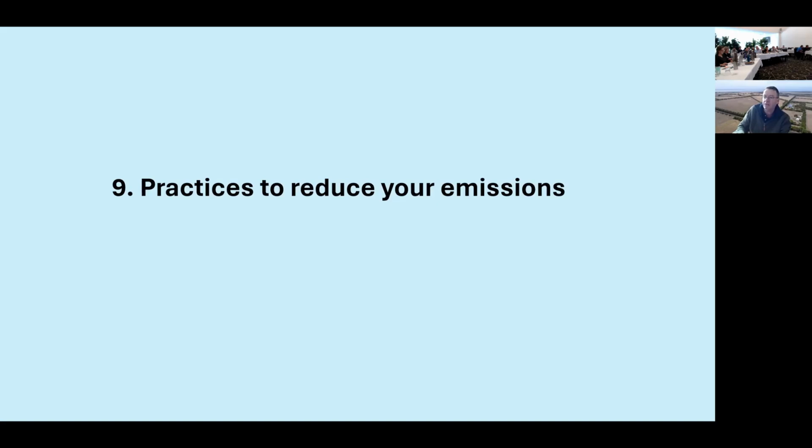You could actually maintain or increase your overall farm emissions, but if you're far more productive, you will lower your emissions intensity. So we just need to be aware of that contradiction between the two, particularly as the supply chain is asking more and more around emissions intensity numbers. That does not necessarily equate to lowering overall farm emissions.